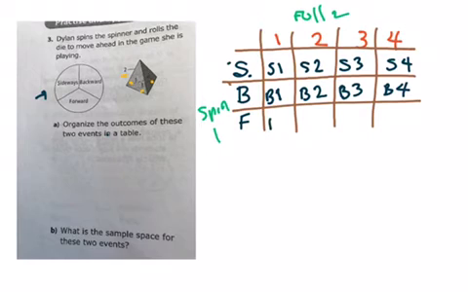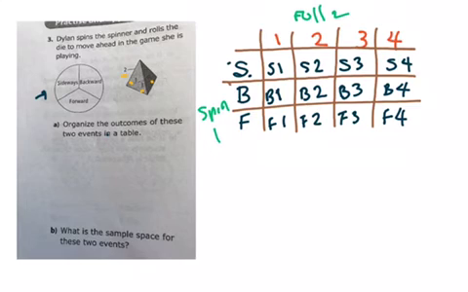So we can have forward and 1, forward and 2, forward and 3, forward and 4. Okay? And that's it. That's the whole table. Those are all the outcomes for spinning first and then rolling this 4-sided die.